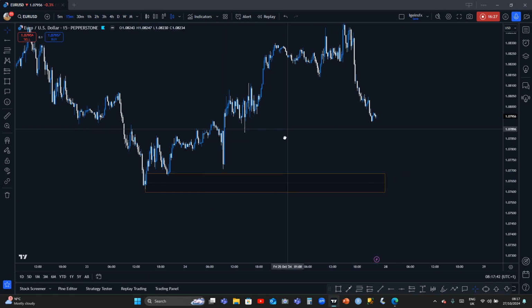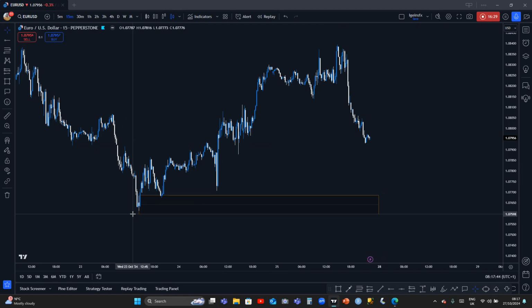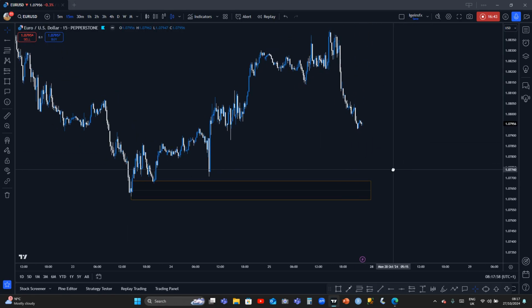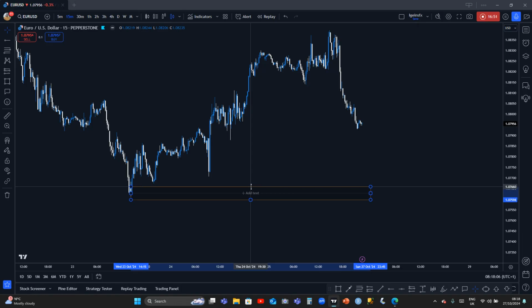Now we are anticipating price to come tap us in so that we will now do what? Join to push the price to the upside. All right, so that is practically what we want to do now. So refining our order block.